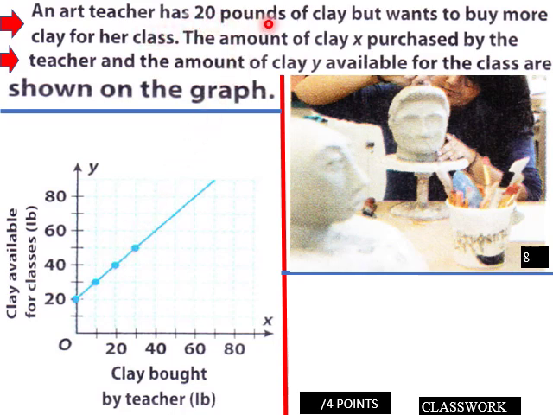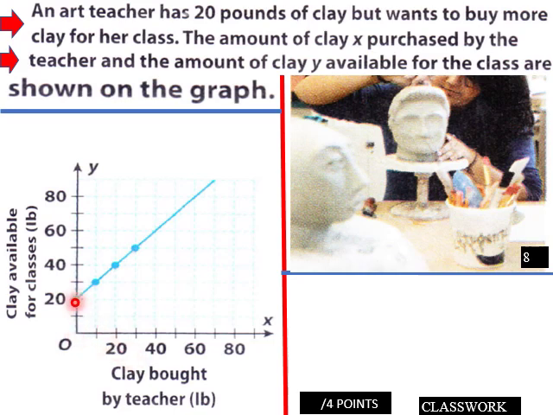So our teacher has 20 pounds of clay but wants to buy more. The amount of clay purchased is x, the clay bought, and the amount of clay available for the class is shown. So clay bought and then clay available.